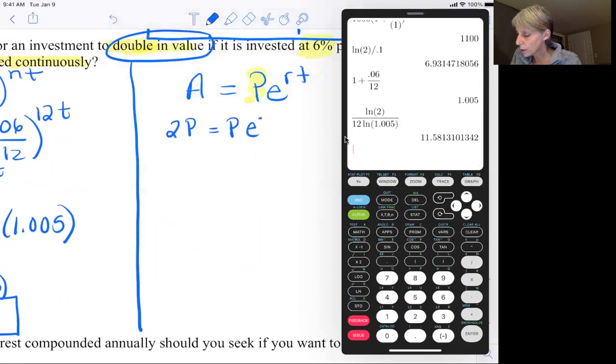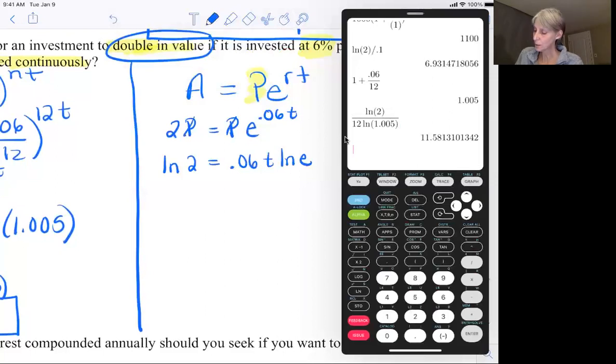My rate was 0.06 and I'm solving for t. My P's cancel. I ln both sides. And this time it's nice because my ln of e is just 1, so I can cancel that. And t is going to be ln of 2 divided by 0.06.